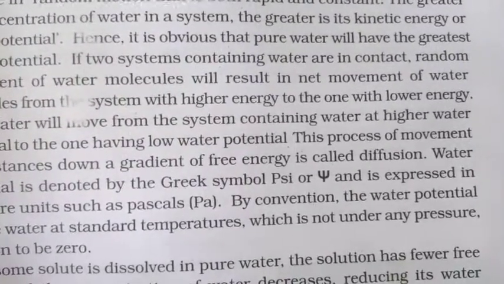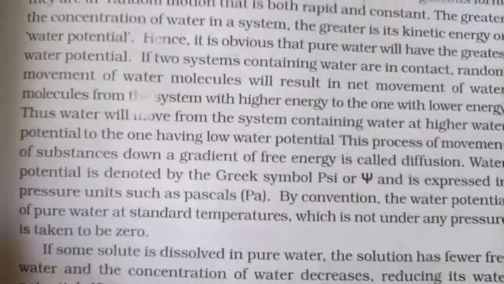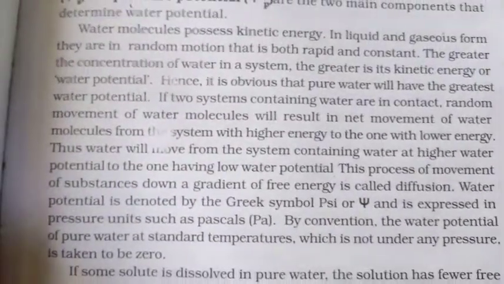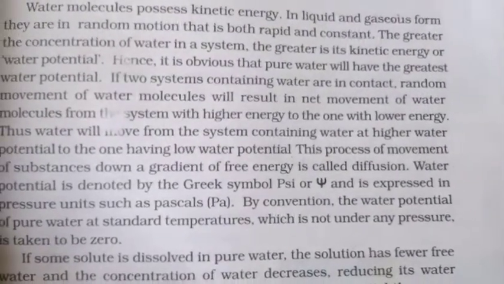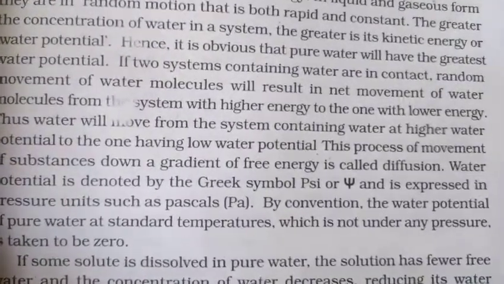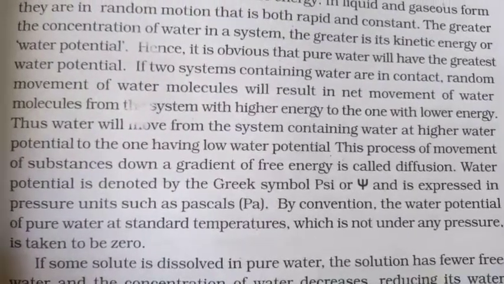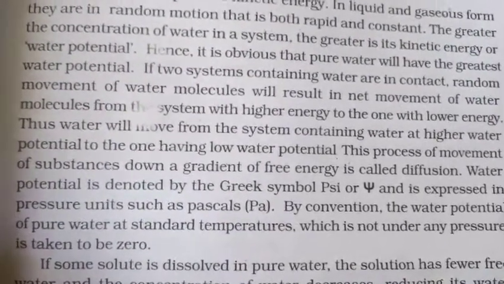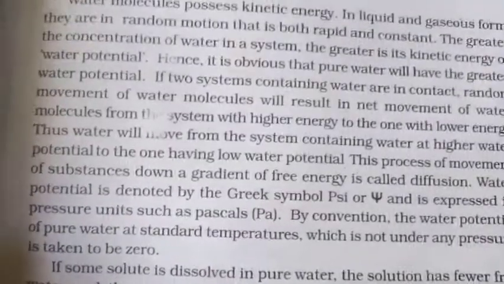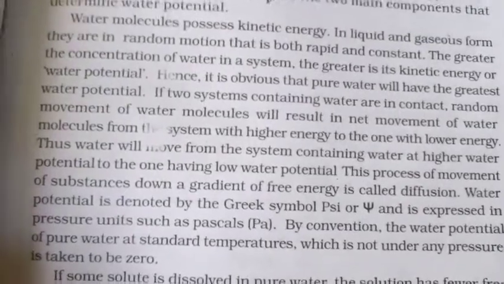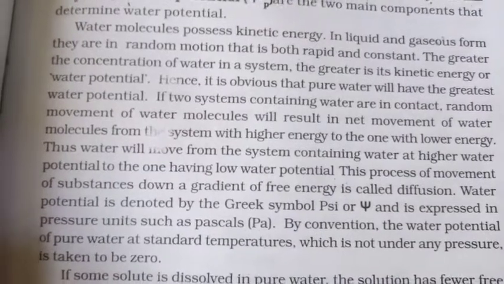Now, if two systems containing water are in contact, the random movement of water molecules will result in a net movement of water molecules from the system with higher energy to the one with lower energy.